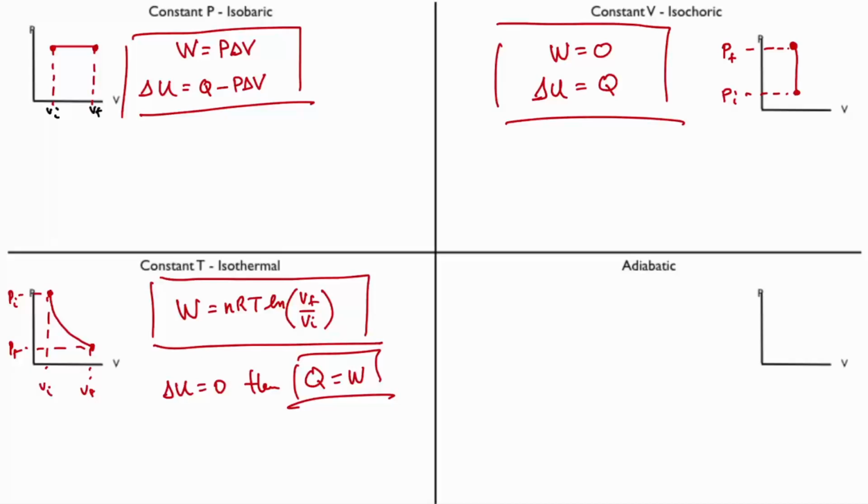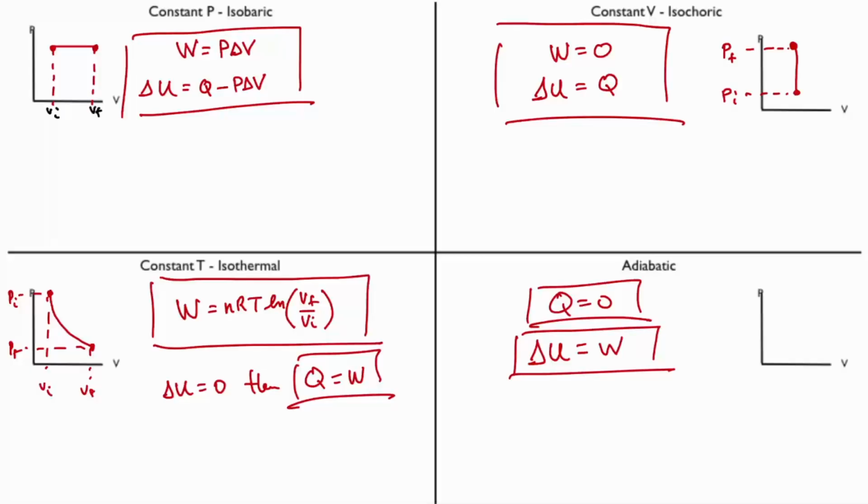And then there's adiabats. Adiabatic processes, by definition, means that heat did not go into or out of the system. So if Q is equal to 0, what does that mean for the first law of thermodynamics? It means that all of the energy changes that happened in the system were caused by work and not by anything else.